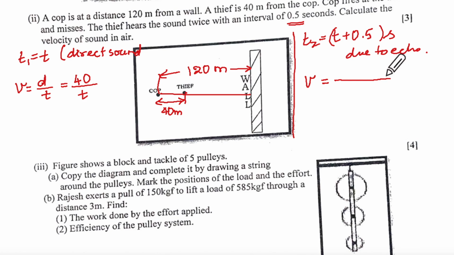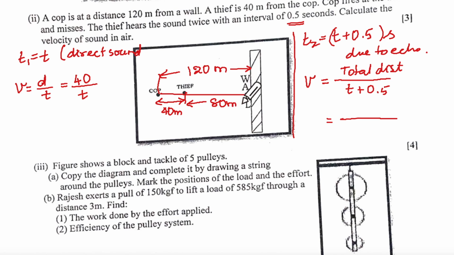So V will be equal to total distance upon T plus 0.5, where the total distance is this and then coming back like this.